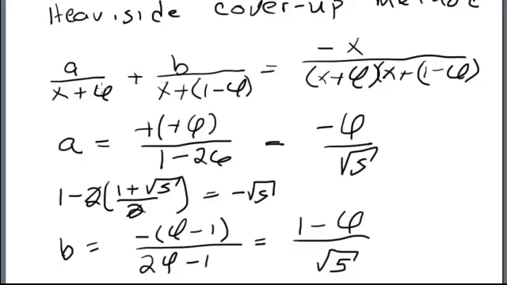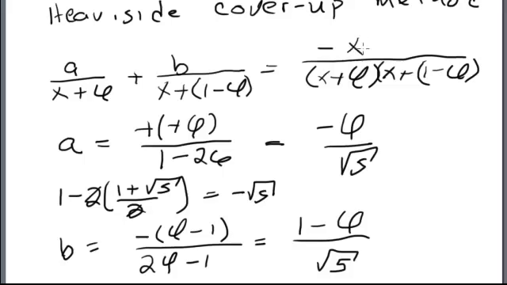And how do you do this Heaviside cover-up method? Well, to get the a value, you multiply by x plus phi. So they cancel that out of the denominator, and you've got an x plus phi here, and then the x plus phi cancels that out. Once you've done this multiplication of both sides by x plus phi, you substitute x for negative phi, and so there's still an x plus phi on this term, and negative phi plus phi is 0, so they knock this term out, so you're just left with a.